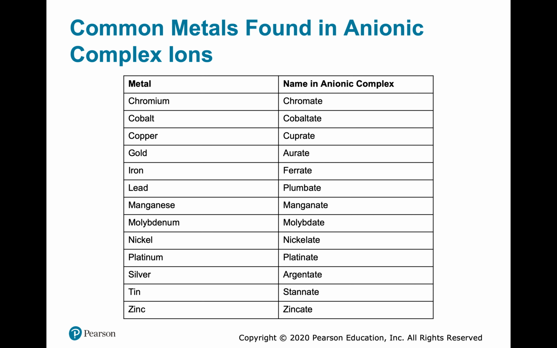And same thing with the anion complex here: chromium becomes chromate, cobalt, cobaltate, copper, cuprate, gold, aurate, iron, ferrate, lead, plumbate, manganese, manganate, molybdenum, molybdate, nickel, nickelate, platinum, platinate, silver, argentate, tin, stannate, zinc, zincate.